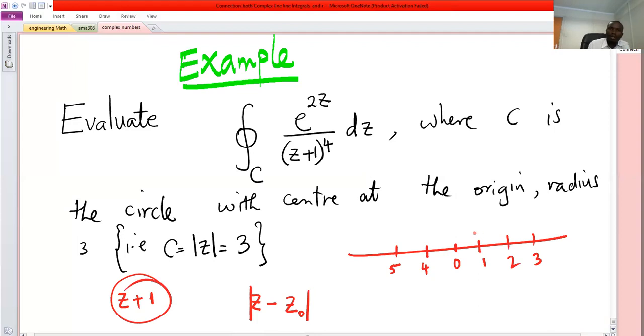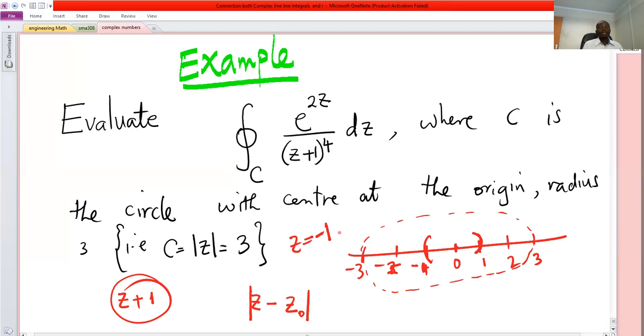So from the origin, this is -1, -2, -3. It tells us that that circle is within this bigger circle of the region defined by radius being 3. So therefore, the Cauchy integral formulas will work, because the point z equals to -1.